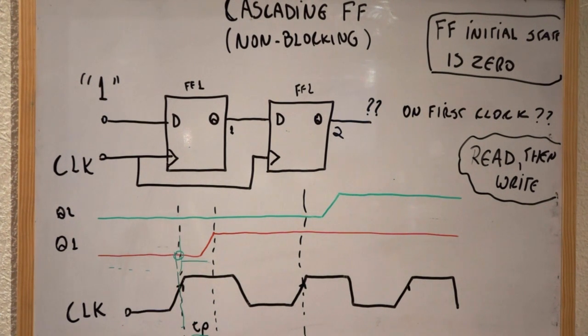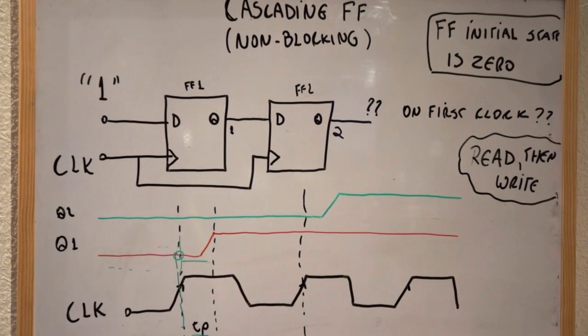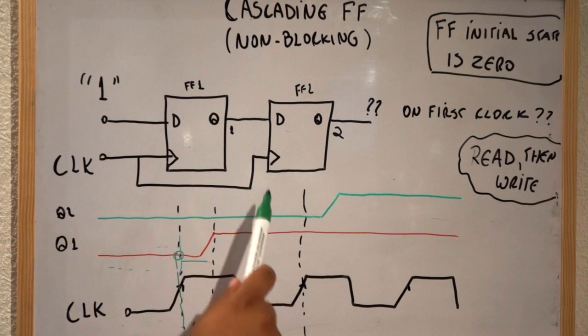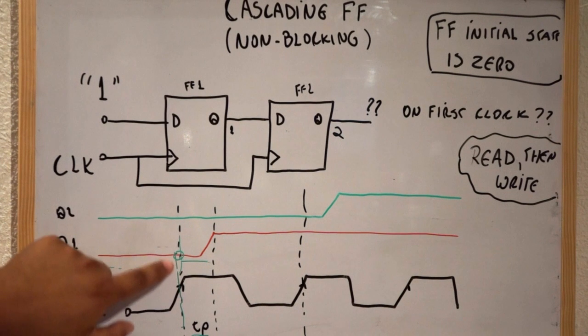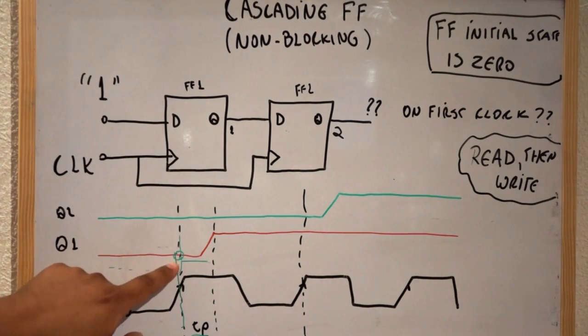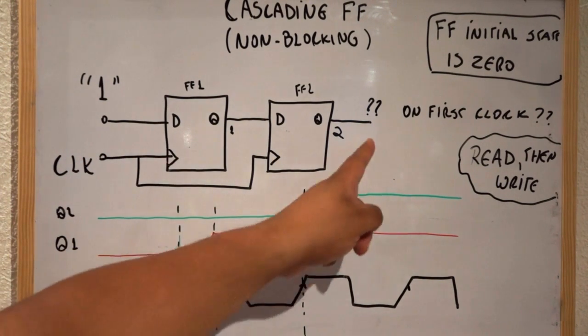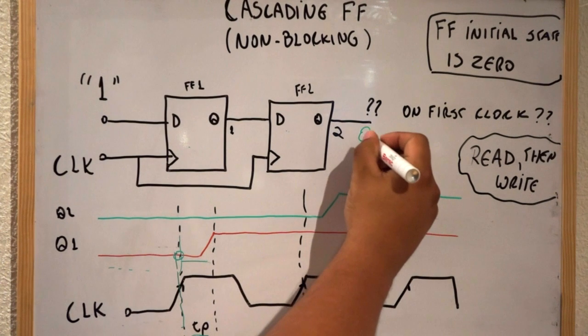Now let's see what would happen in flip-flop 2. At the same moment, flip-flop 2 will sample its input as well, but at this exact same moment, the output of flip-flop 1 is still at 0. So on the first rising edge of the clock, it will start at 0.